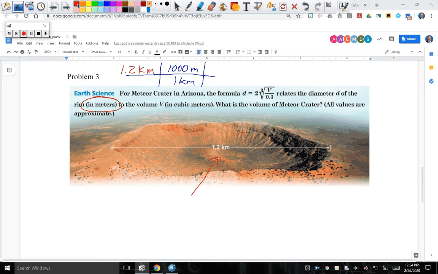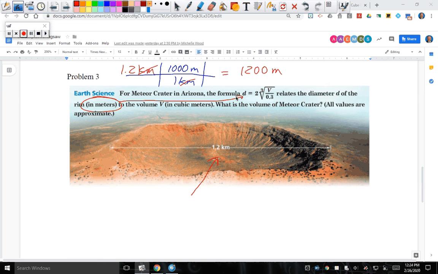And I'll multiply. Remember dimensional analysis? These will cancel to a form of 1. And yes, you're right, all I'm doing is moving the decimal 3 times over to the right. So I would get how many meters? 1,200 meters.